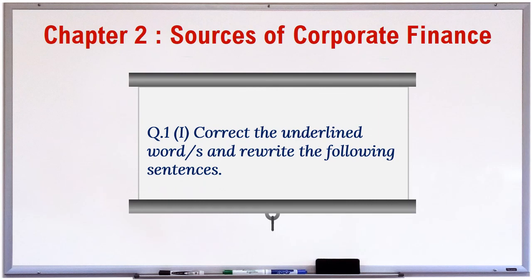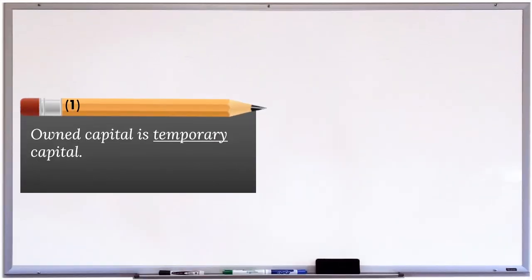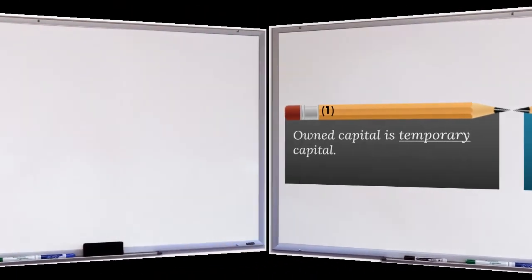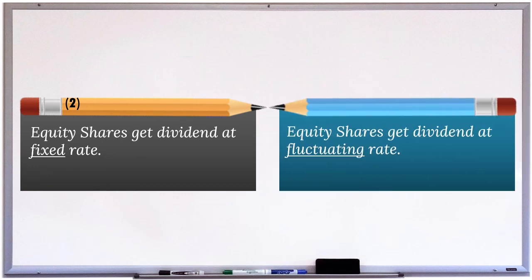Question 1. I. Correct the underlined word or words and rewrite the following sentences. 1. Own capital is temporary capital. Answer. Own capital is permanent capital. 2. Equity shares get dividend at fixed rate. Answer.